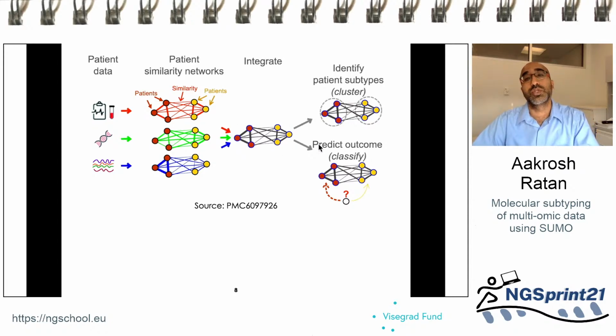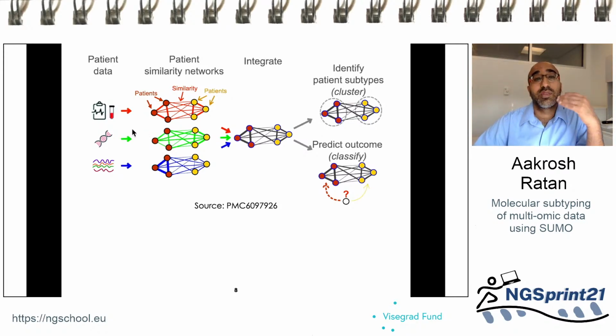That would allow you to essentially perform all the machine learning tasks that we are interested in, be it supervised or unsupervised. So today I'm going to only talk about the unsupervised clustering part of this framework. We have ideas about classification, and maybe we can talk about it some other time. But today the talk will focus primarily on unsupervised learning from patient similarity.